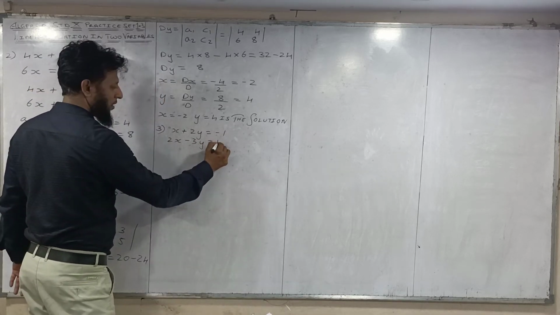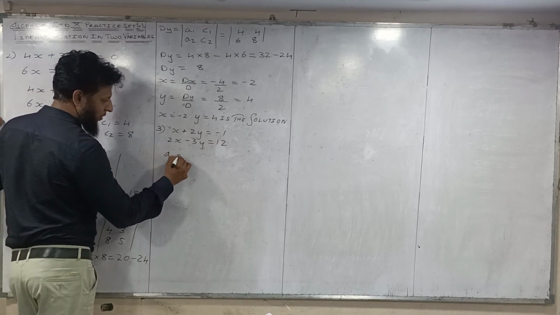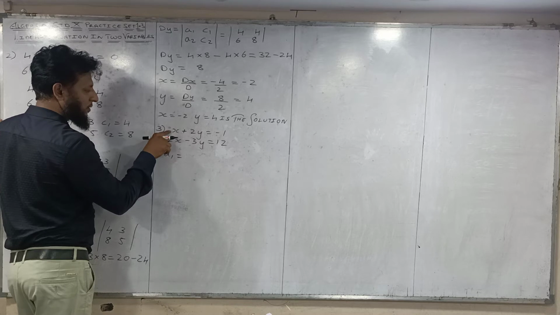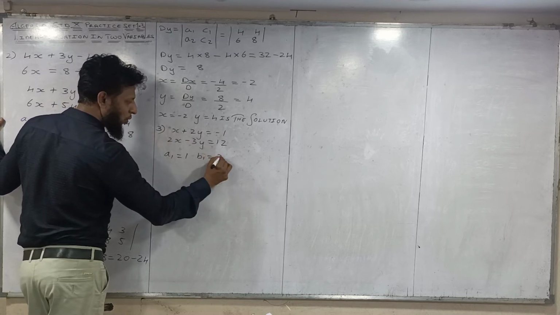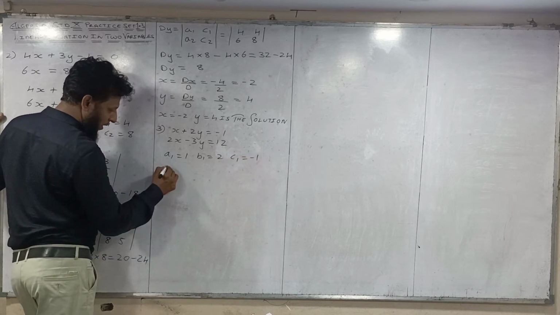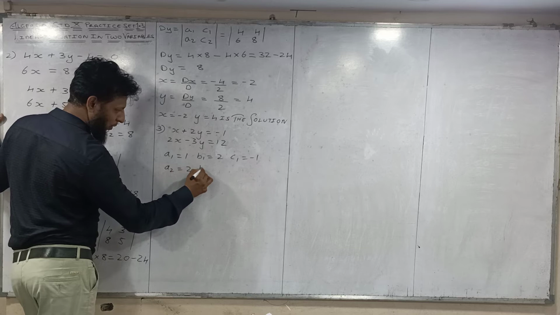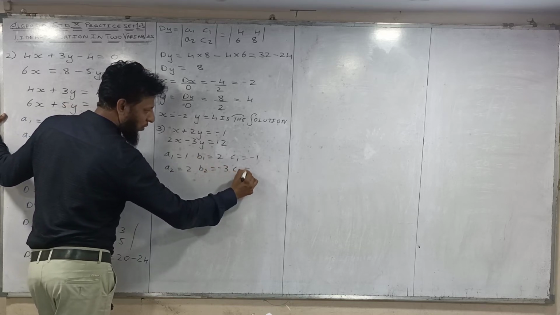So this is the equation. Again write the values a1, b1, c1. If there is no value with the variable, then you have to write 1. b1 is equal to 2 and c1 is equal to minus 1. Again a2 is 2, b2 is minus 3 and c2 is 12.